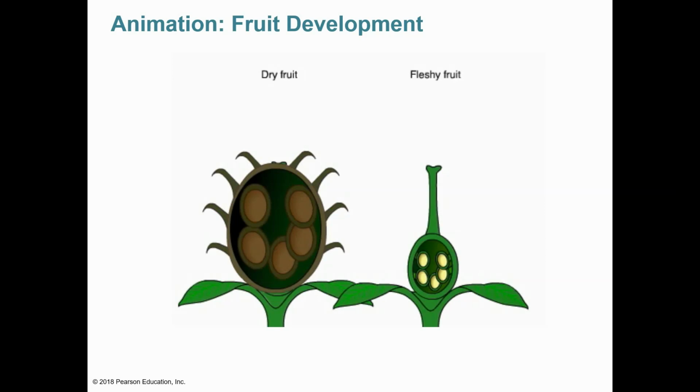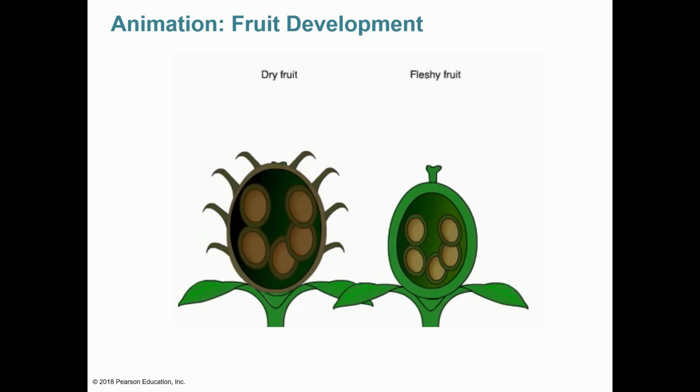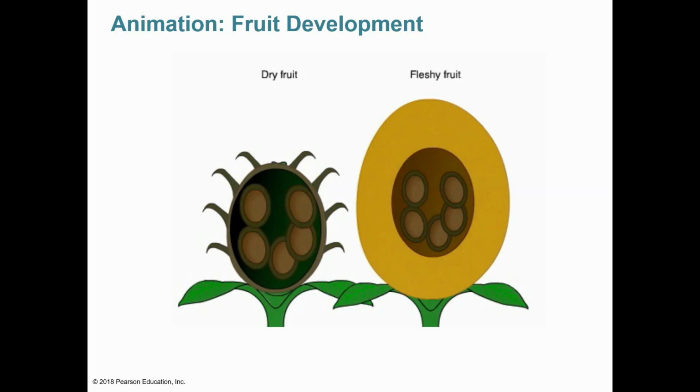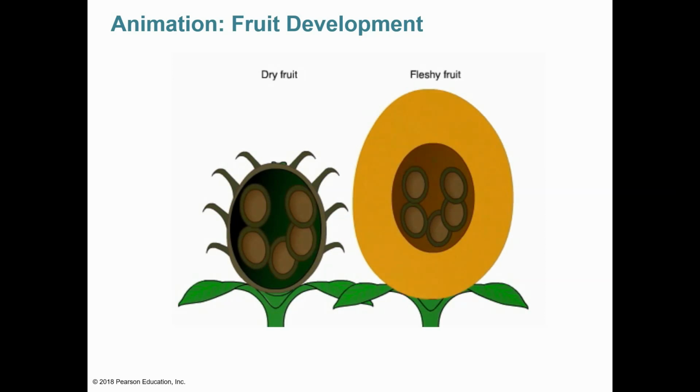Or the ovary and other flower parts may form a wing or parasol or hairs to catch the wind. Sometimes the dry ovary builds tensions that, when released, will shoot the seeds into the air. In fleshy fruits such as tomatoes and peaches, the outer tissues of the ovary thicken and become soft, sweet, and brightly colored. Fleshy fruits invite animal dispersal. The seeds are ingested and, if they escape digestion, they are excreted with fertilizer, hopefully in a choice location.